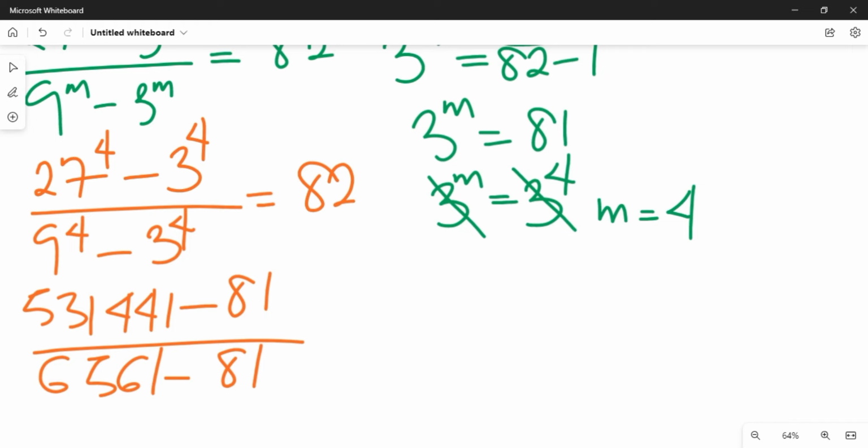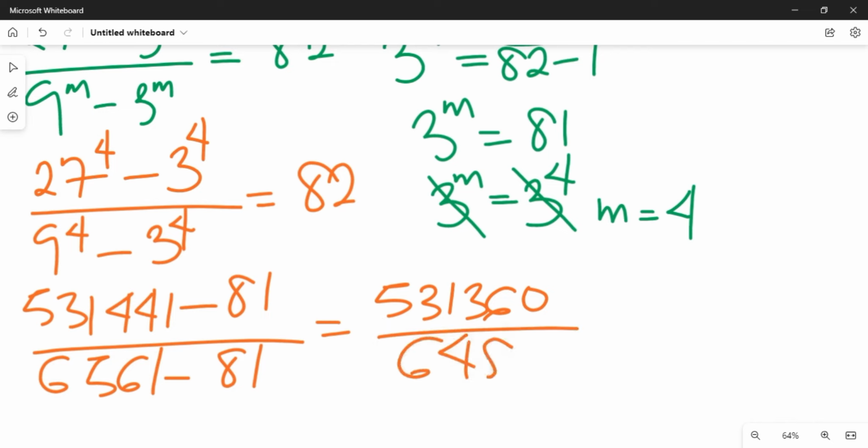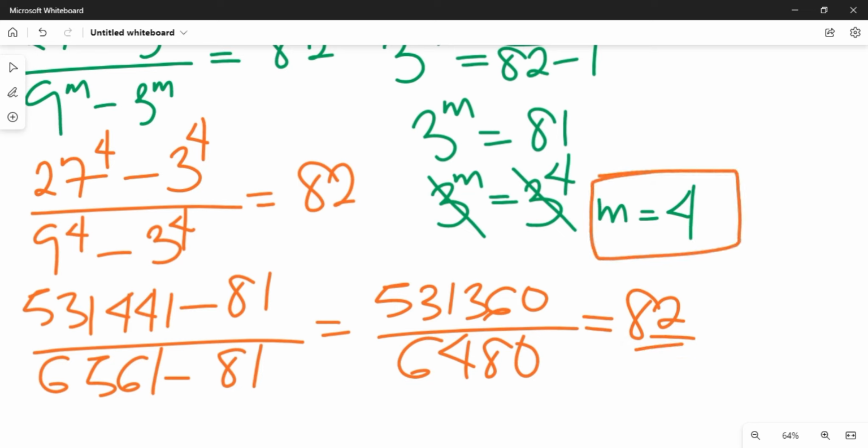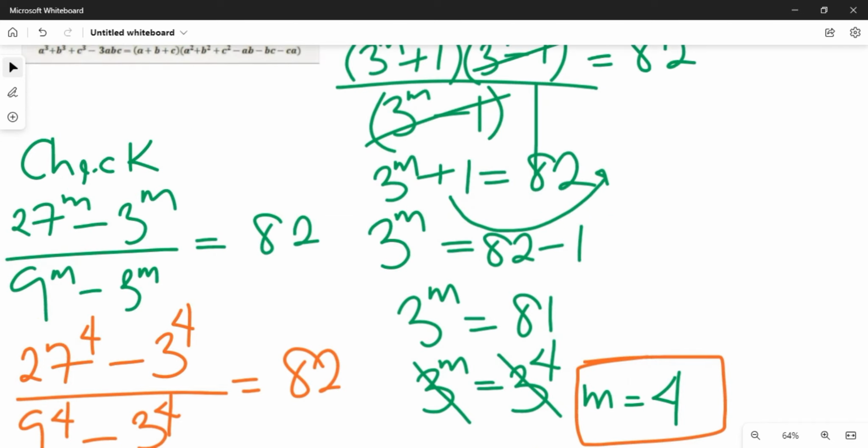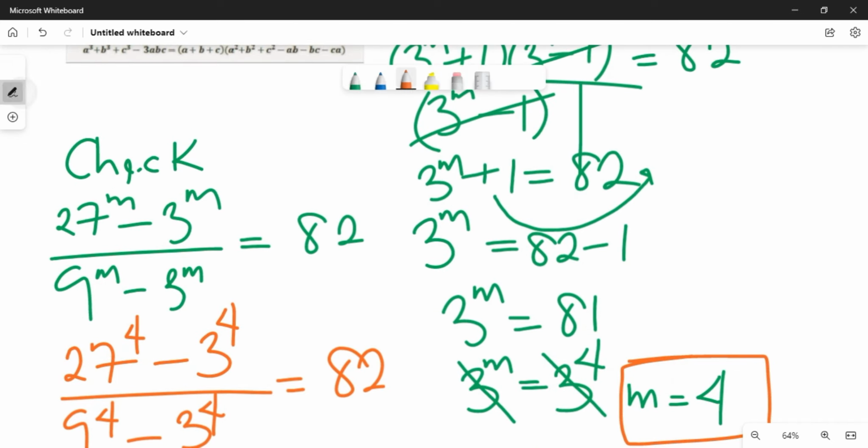If we simplify this, we are going to have 531,360 divided by 6480, and if we divide this, we are going to have what? Our solution to be 82. So we see this m equal to 4 satisfies the above equation which we are asked to look for.